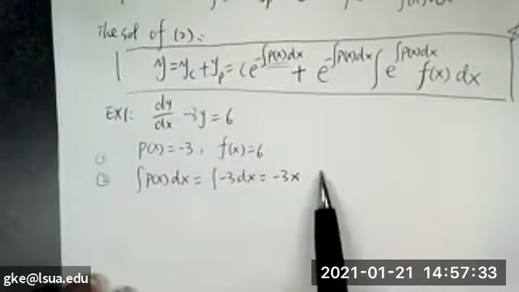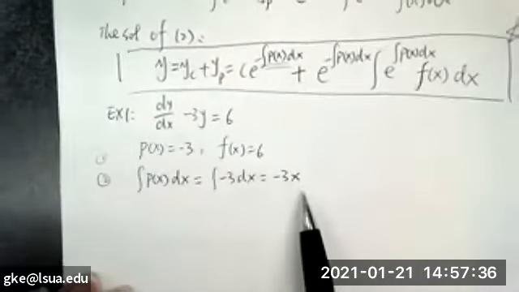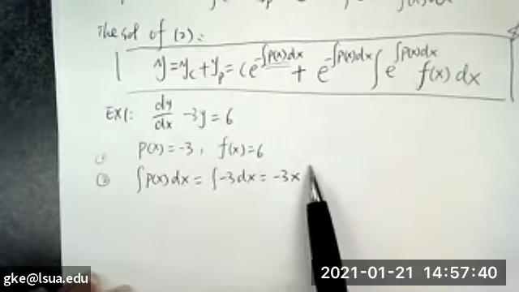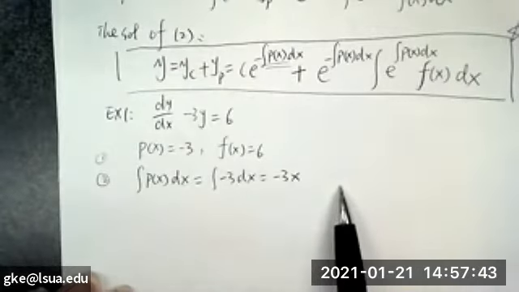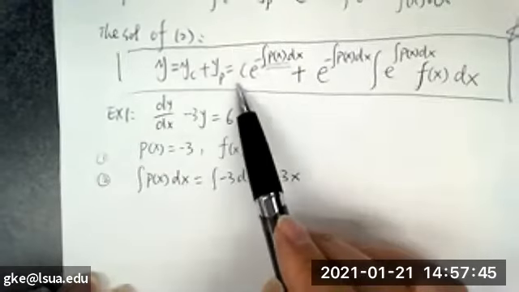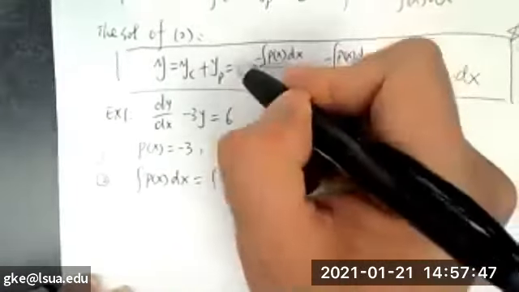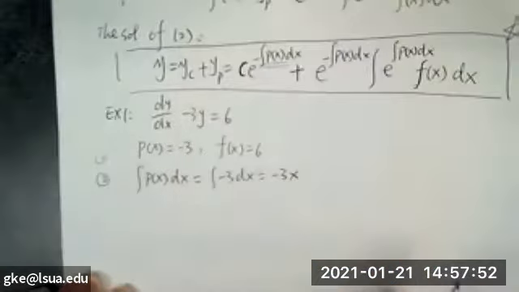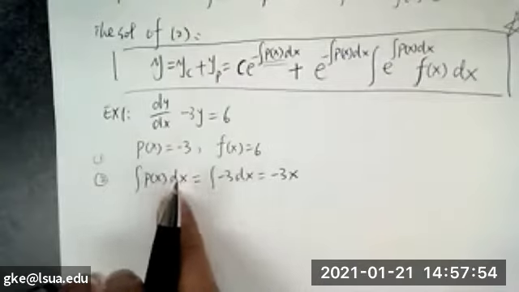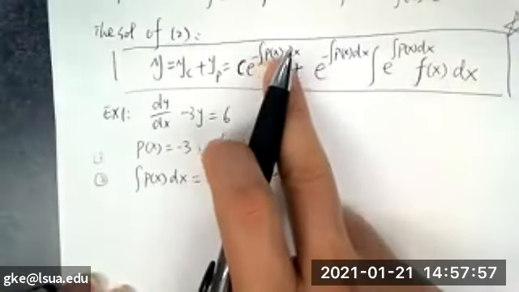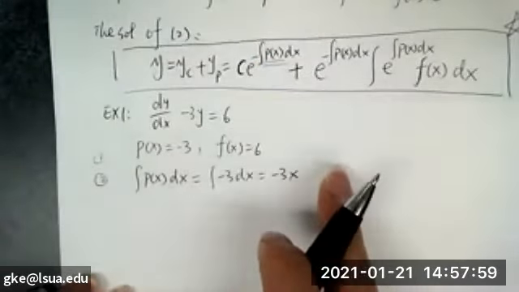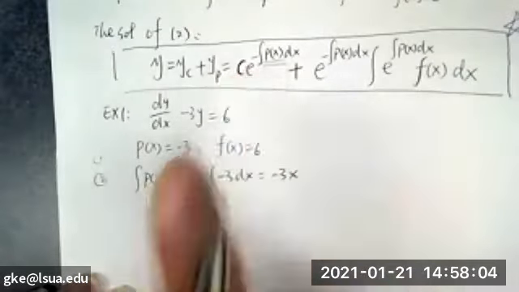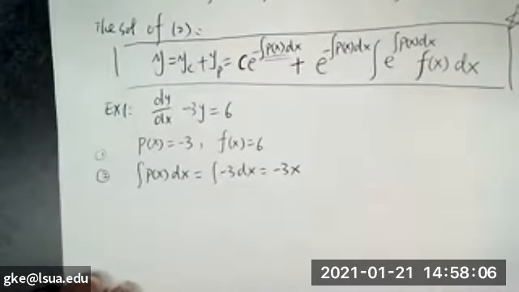Here, we don't put a constant c. Usually, if we do the indefinite integral, we need to put a constant c. Here we don't put it because the formula already has the constant, and this constant already includes everything. So when you do the integral for the px, we don't put the constant c there because we already have the c.